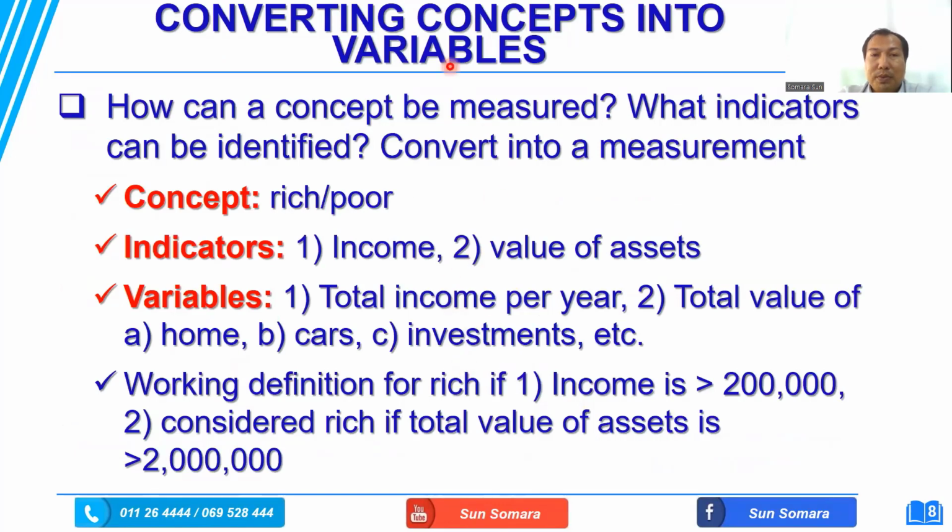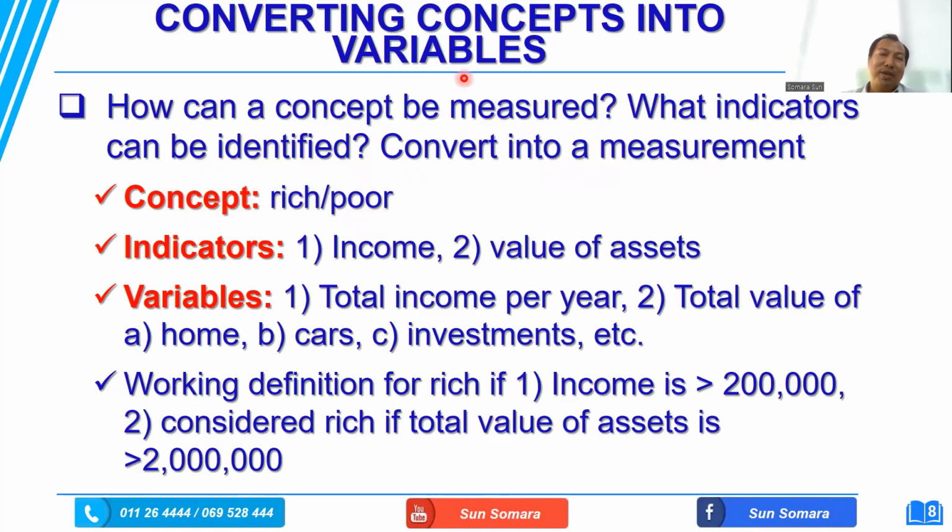So here about converting a concept into a variable, from the previous slide that we have discussed: how can a concept be measured? What indicators can be identified and converted into measurement? Take the concept of rich or poor. It is just a concept, and we cannot judge whether it is accurate or not.